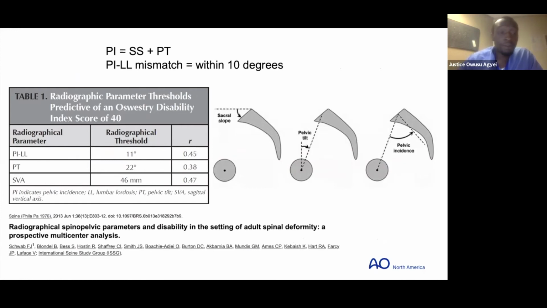A few of the parameters they found: when they kept patients' lumbopelvic mismatch under 11 degrees, pelvic tilt under 22 degrees, and SVA within 4.6 centimeters or 46 millimeters, these patients overall had lower ODI scores and overall better health outcomes.